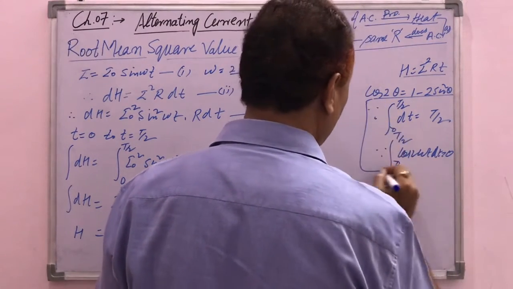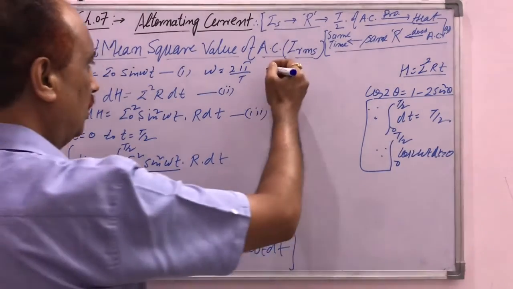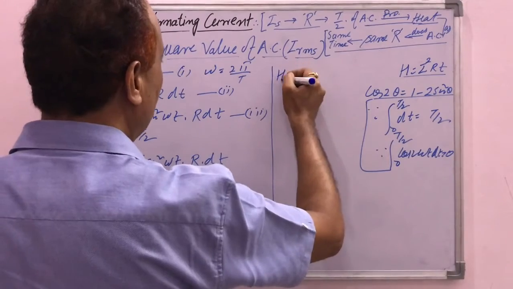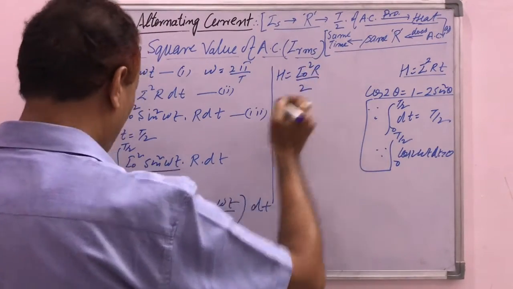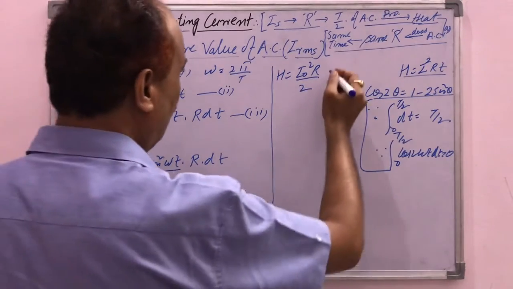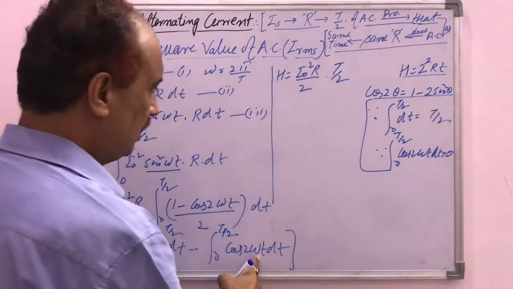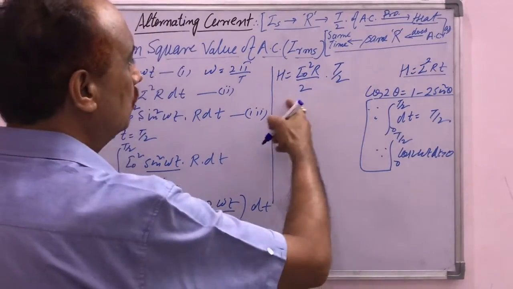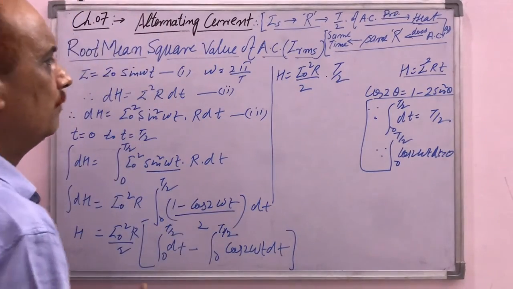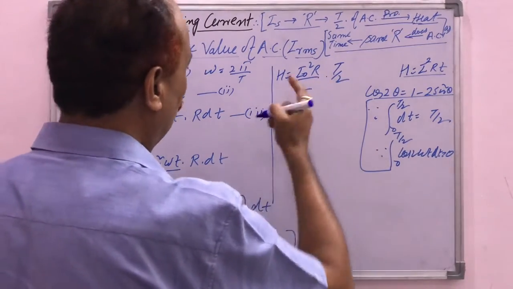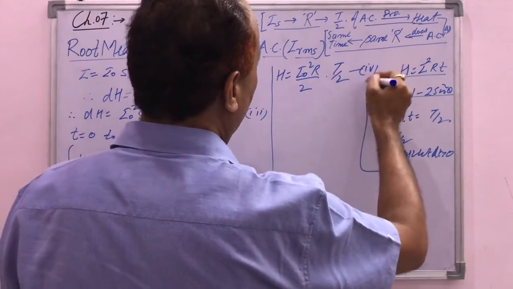Putting these two integrations in the formula, H will be equal to I naught square R upon 2, and the first integration, T by 2, minus the second, 0. So we get I naught square R upon 2 into T by 2. This is equation number 4.